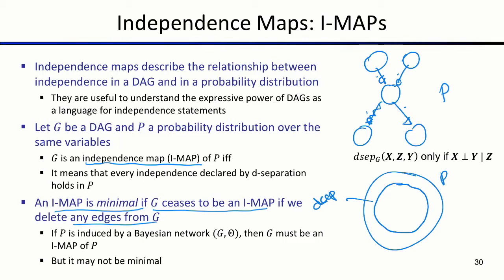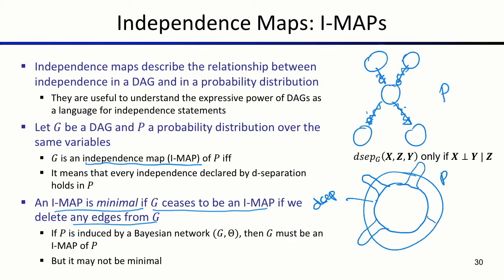we are removing one edge, and we are adding one independency assumption to this graph. And if we do that, it's like growing an arm here. In some way, you're going to touch the space outside the set of independencies of P. And if we try to remove this guy here, we're going to grow another arm here and assume an independency that is not in P. And the same for here and the same for here.